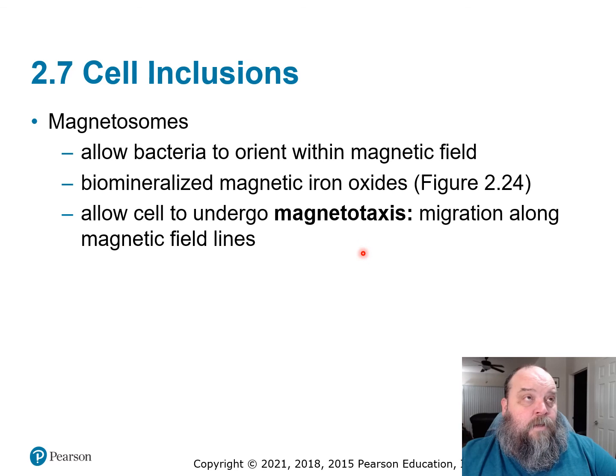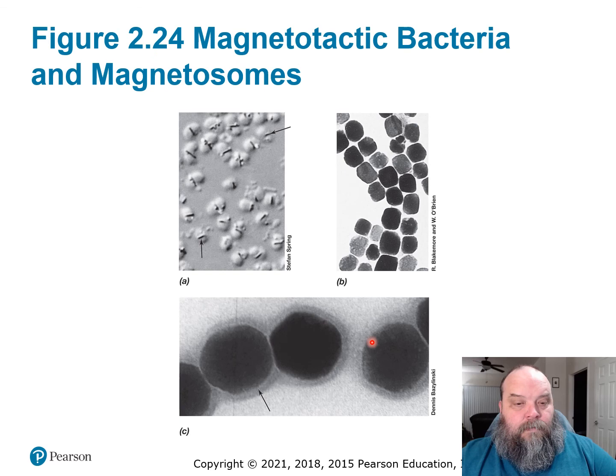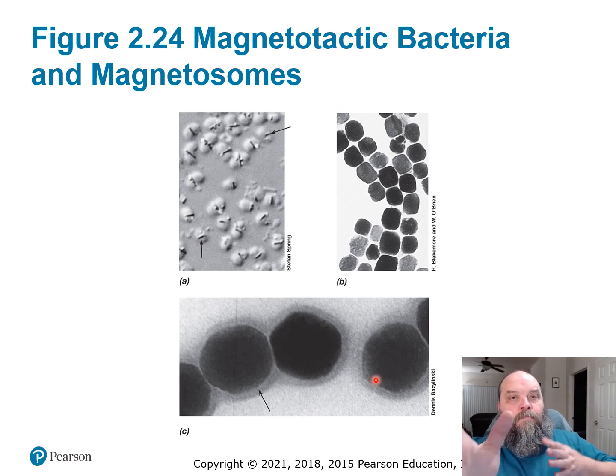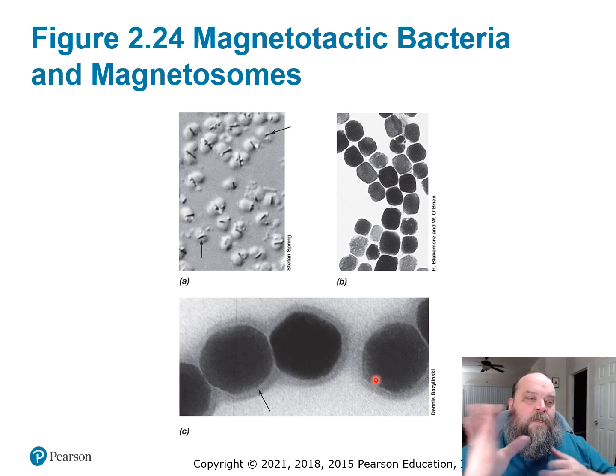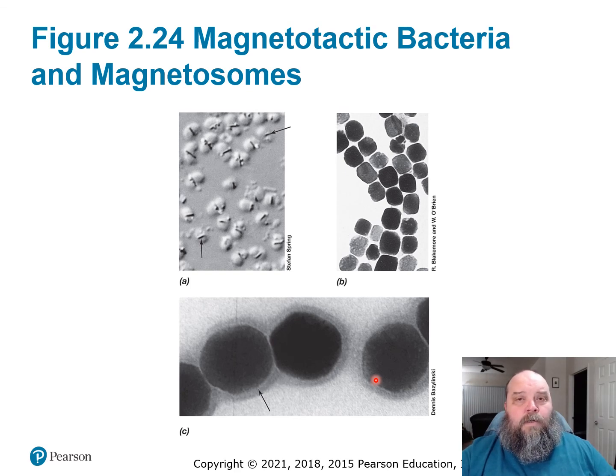Well, for them to be able to respond to magnetic fields means they're going to have some form of biomineralization of magnetic iron oxides in them, stored away. That's what these little bricks here are inside. The pulling and pushing of the magnetic fields pulls and pushes these inclusions, which will trigger different responses from the cell.